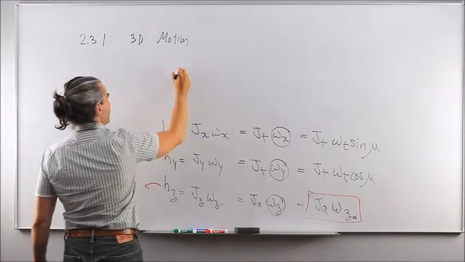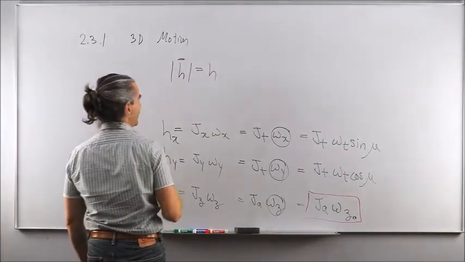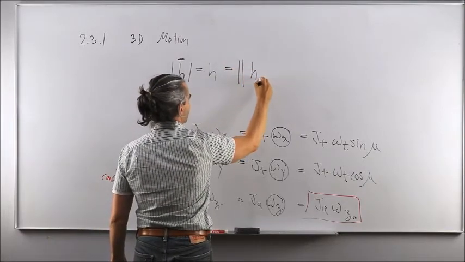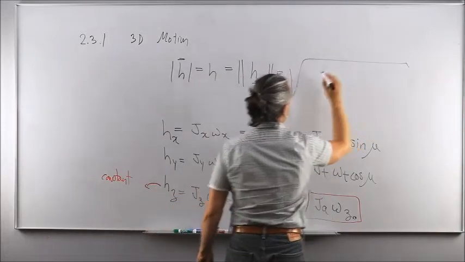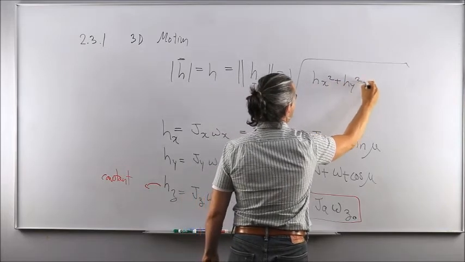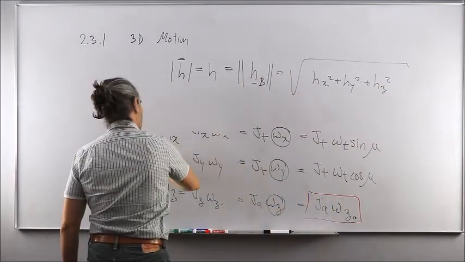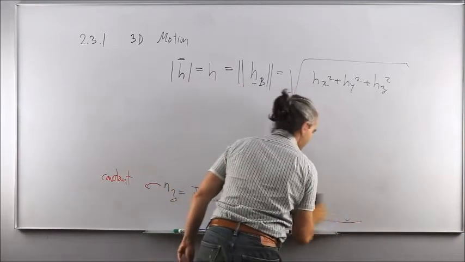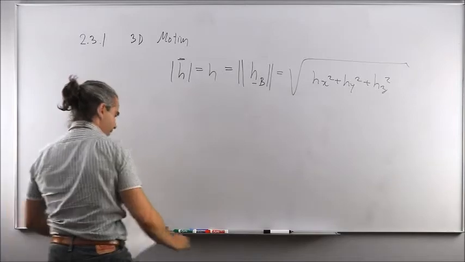Now, what can we say about the norm of this vector, which is going to be denoted by h and calculated by taking the Euclidean norm of the components of h in the body fixed reference frame, or in other words, taking the square root of hx squared plus hy squared plus hz squared. I'm going to do exactly what we did for the angular velocity vector analysis in 2 dimensions, to then rewrite that in terms of the transverse angular momentum.